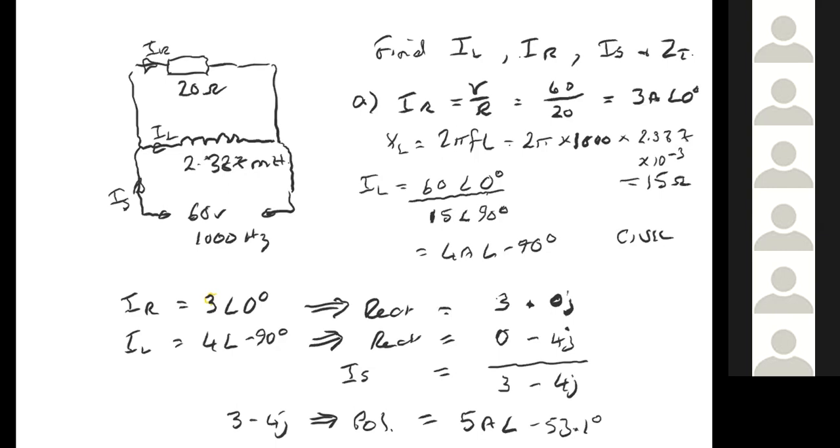So we've now calculated the two currents, the supply current, and we got the phase angle because we got that on the complex number. So you see how going down the complex number route actually does all that for you, instead of doing them all separately.